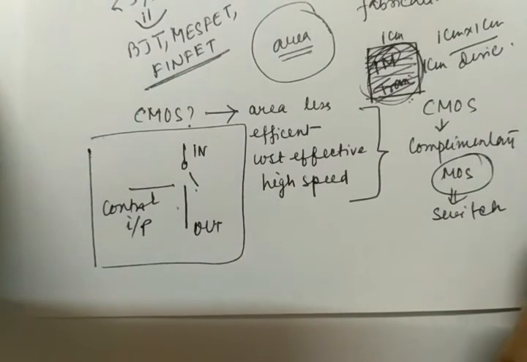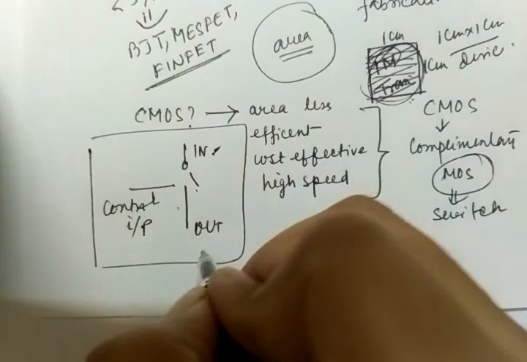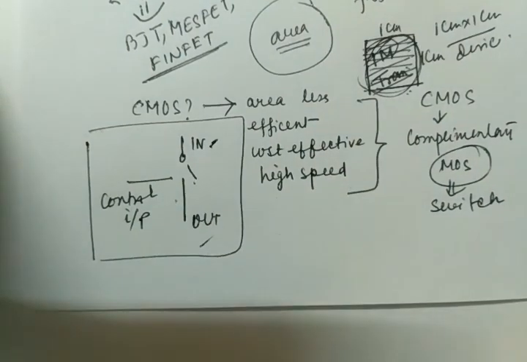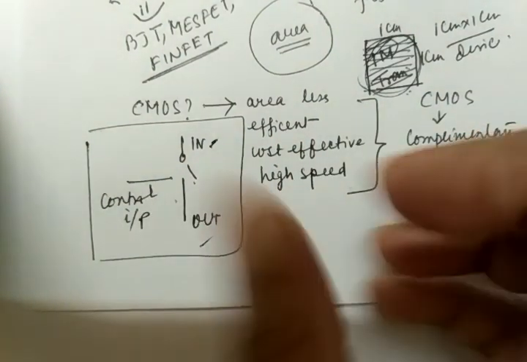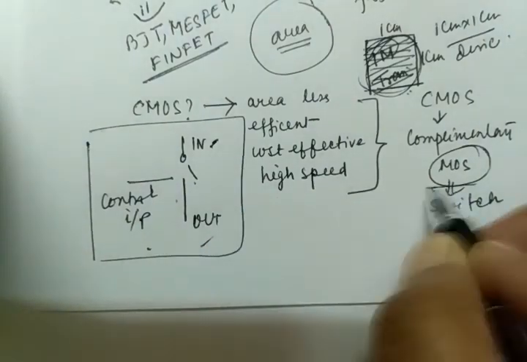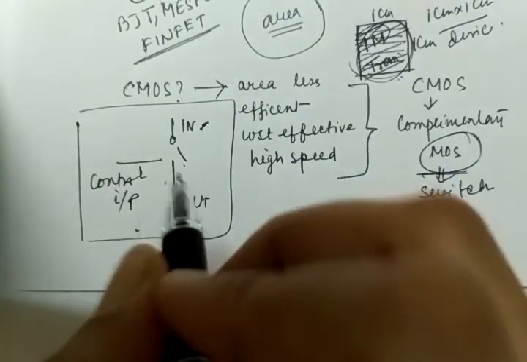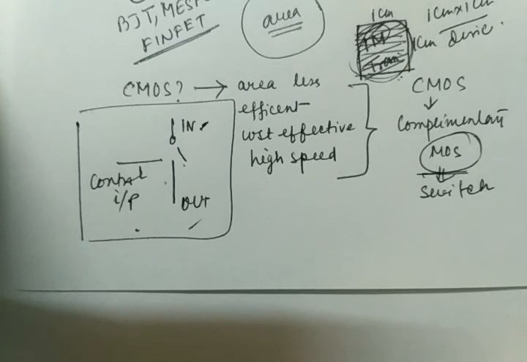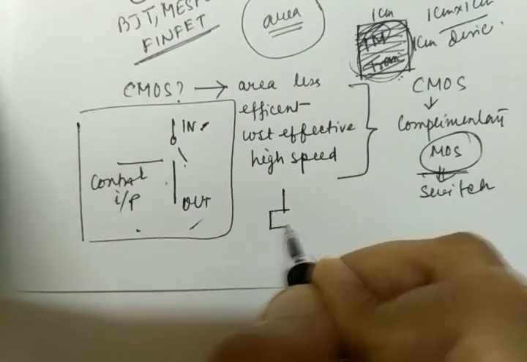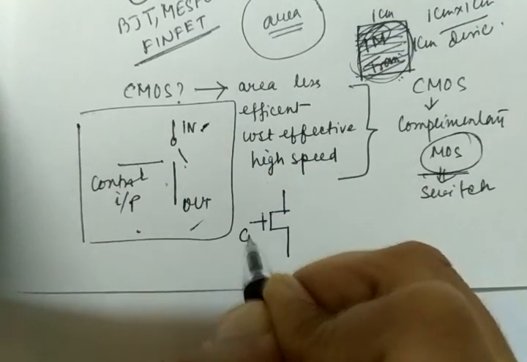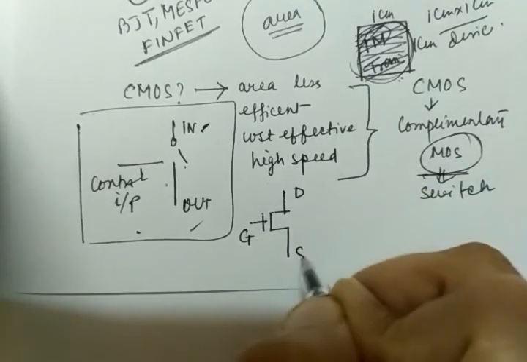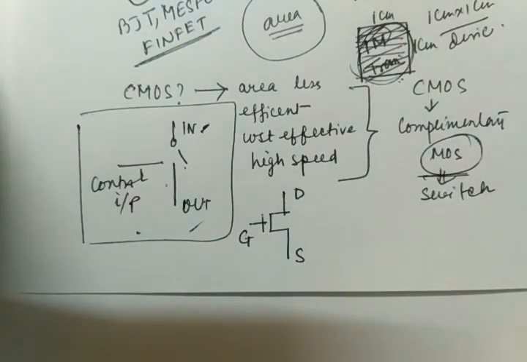You all know that this is the drain terminal and this is the source terminal. So this is basically the structure of a switch, and this structure is nothing but a MOSFET switch, and this concept will be used in CMOS also. The basic diagram is nothing else: this is gate, this is drain, and this is source. So, got my point?